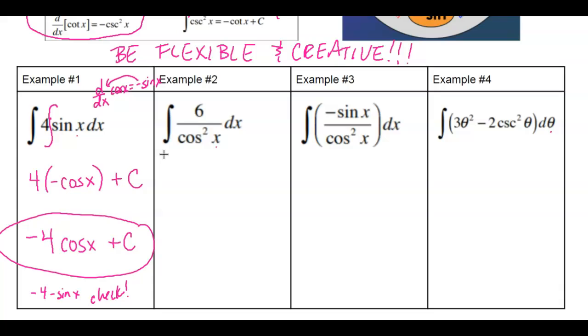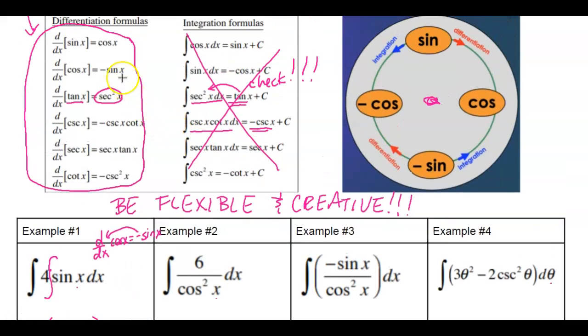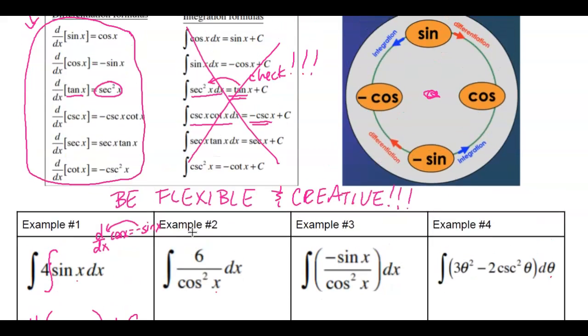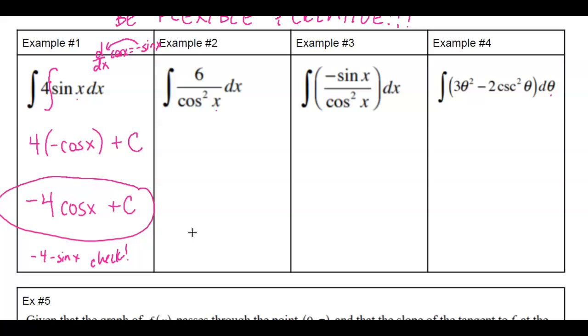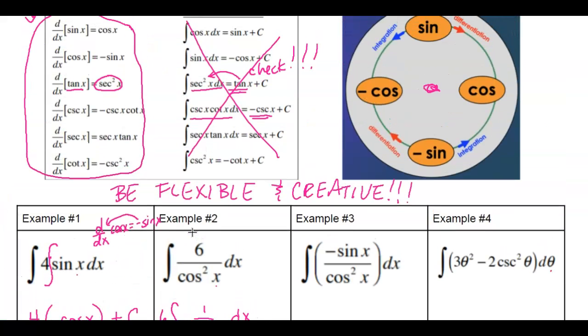Let's look at example 2. I've got 6 over cosine squared. Let's go to our list, and I don't see cosine squared anywhere on my derivatives. So I can think of this as 6 times 1 over cosine squared, because that's being multiplied. And 1 over cosine squared is the same as secant squared. Now I go back to my list and I see the right side.